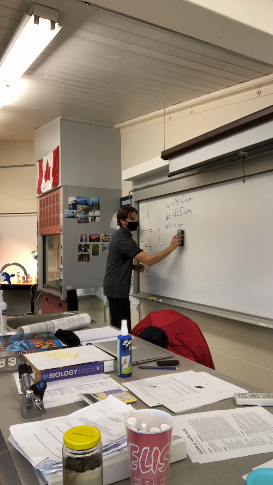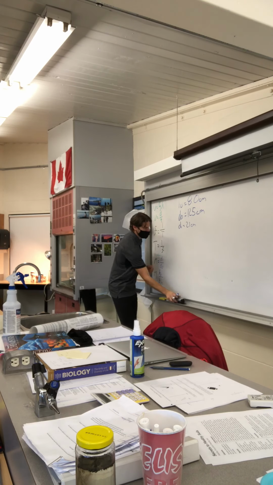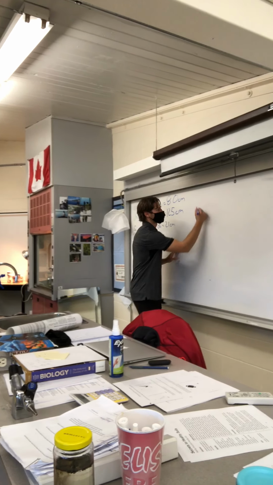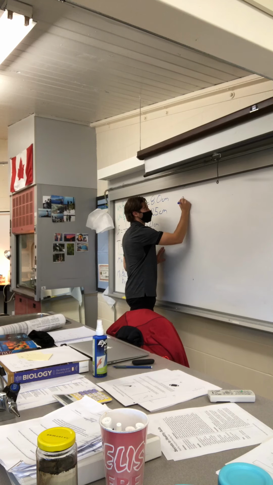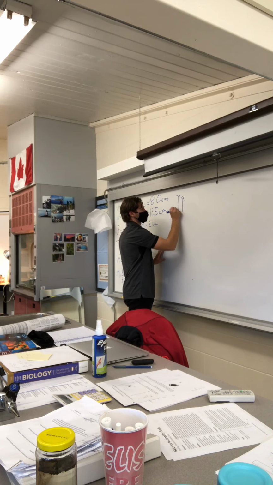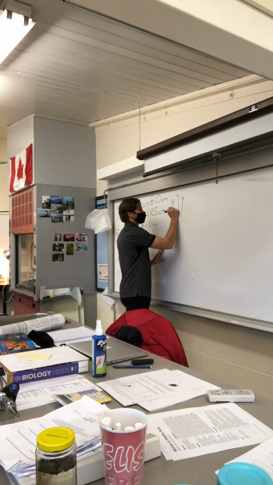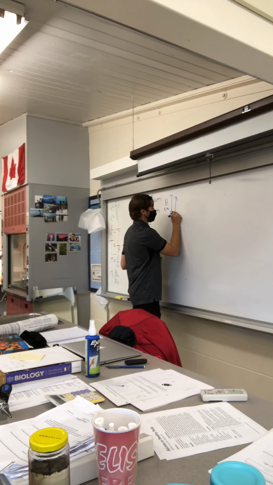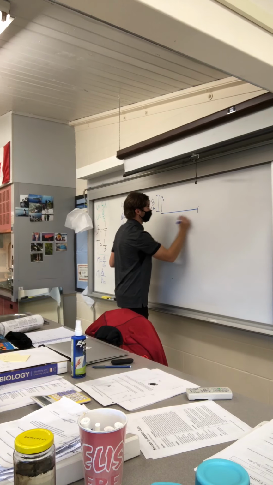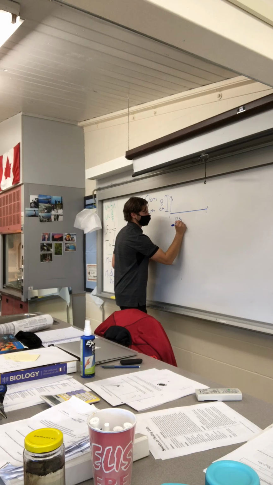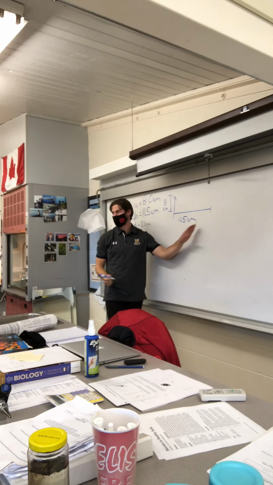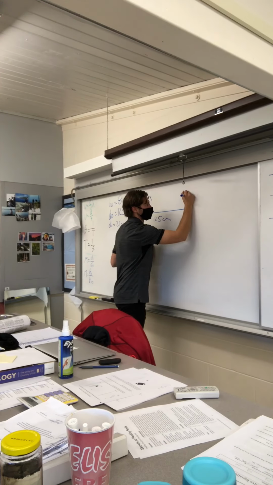So I'm going to make this graph a little bit bigger just so that we have everybody on the same page. It gave us an 8 centimeter object. From this object, 125 centimeters away, is a pinhole camera.